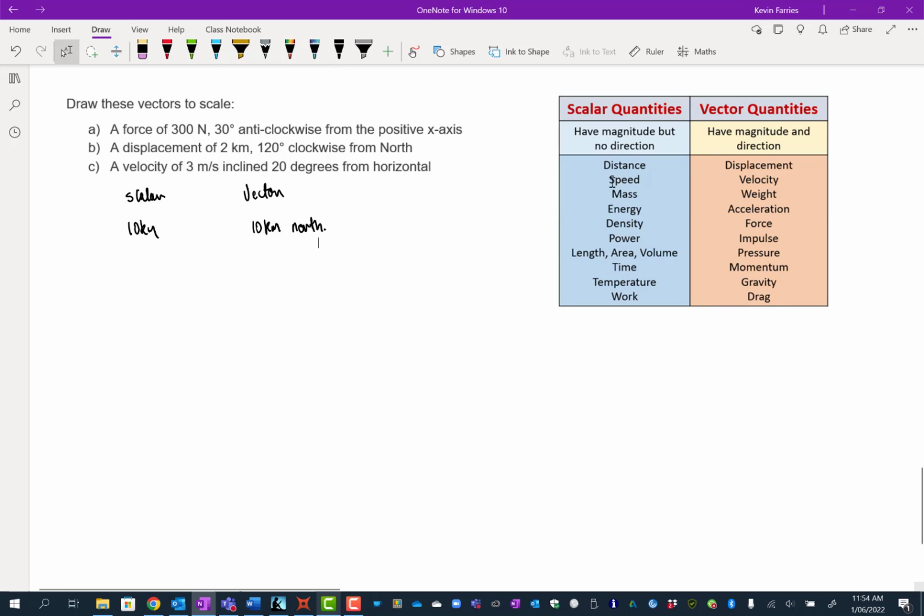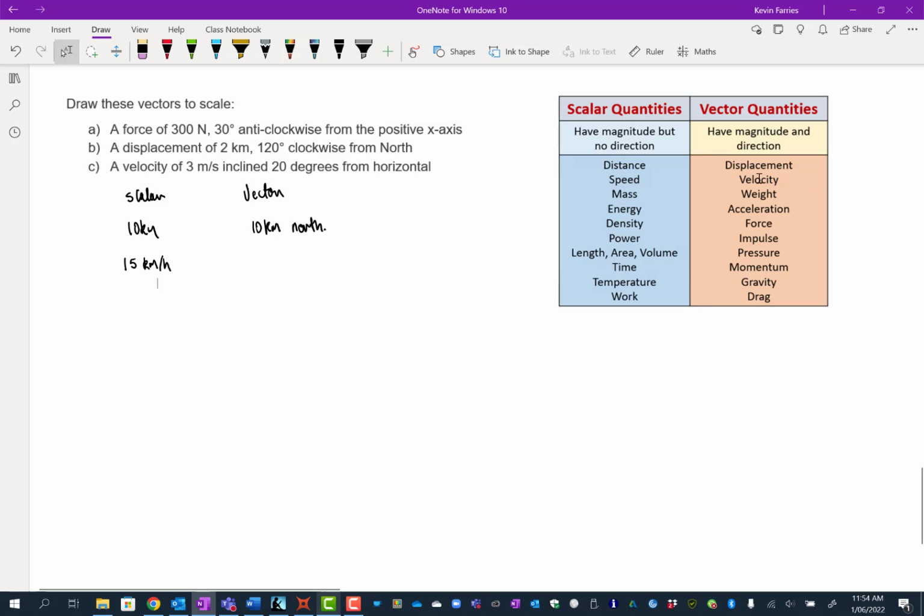Similarly, speed and velocity are used interchangeably in everyday English, but in science and engineering, speed is a scalar quantity, so it's essentially just a magnitude. On a bicycle, you might go at 15 kilometers per hour.